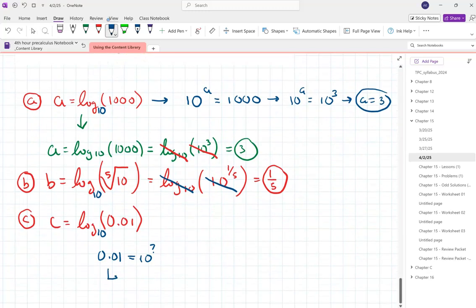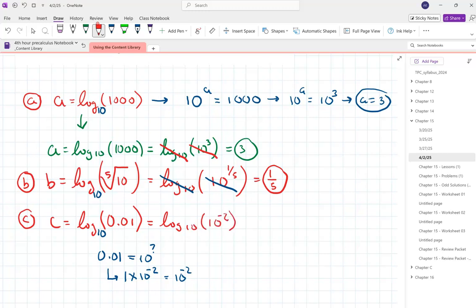Let's write it in scientific notation. 0.01 is 1 times 10 to the negative 2, correct? We've all done scientific notation in our science classes before. And since it's 1 times 10 to the negative 2, it's just 10 to the negative 2. That's exactly what I need. Whoop, whoop. I'm just left with negative 2.